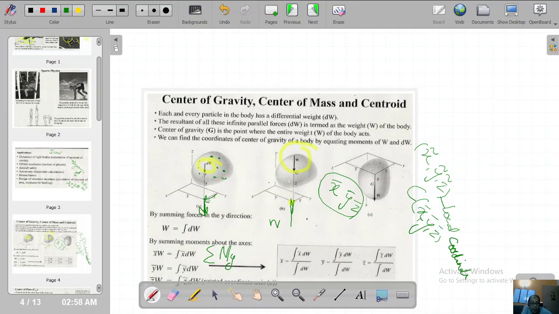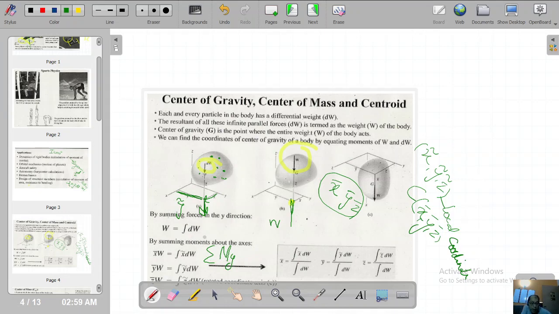Now on the contrary, if we go again for this dw which is acting over here, and its moment along the y-axis, its moment along the y tilde. dw is basically along the z, and y tilde is basically along the y-axis.